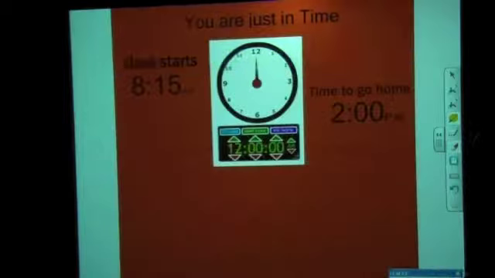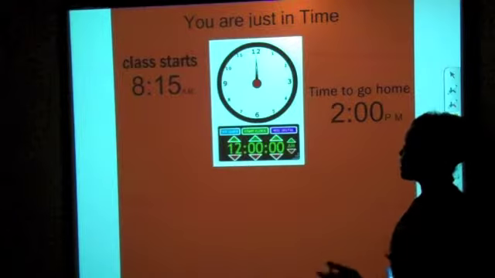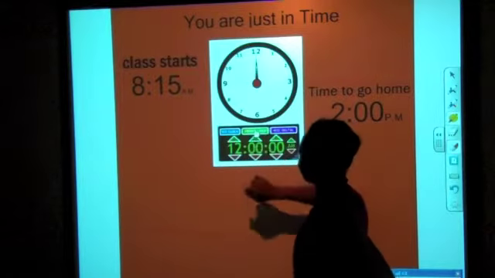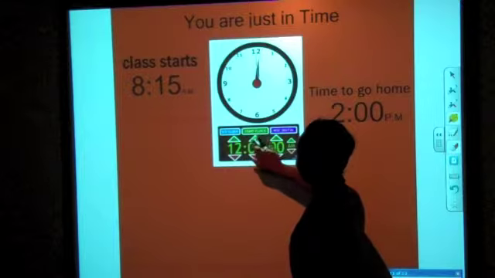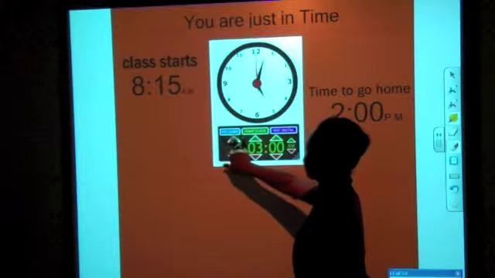And on our next slide, we have your just in time. With this, you can start the clock and set it for what time school starts.